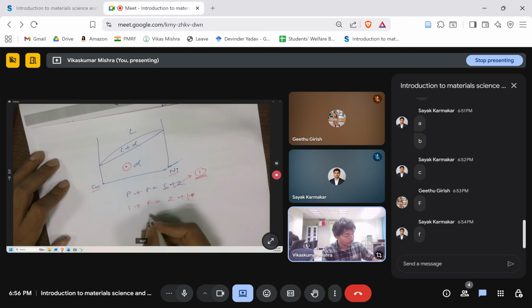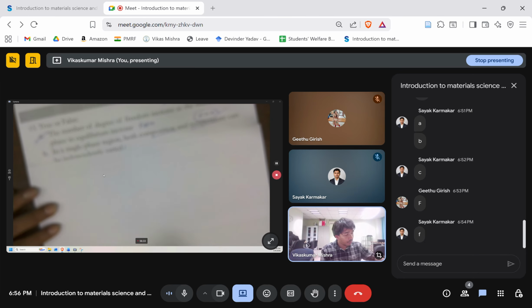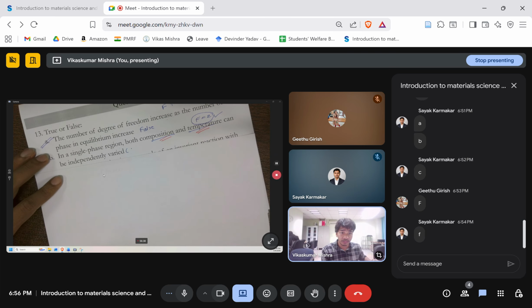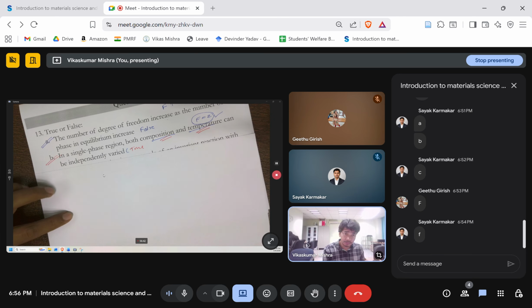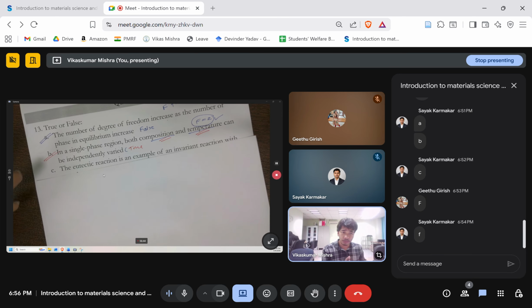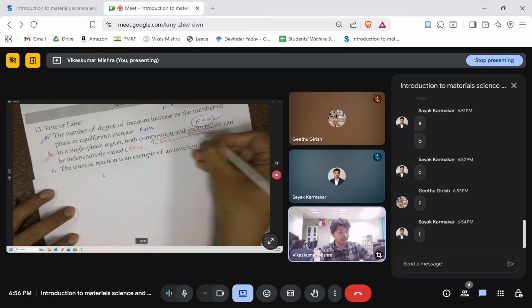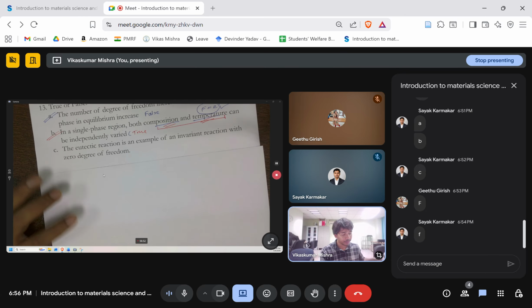So F is equal to 2. It means that we can vary both of them, composition and temperature. And the answer is true over here, right? The question was a little bit tricky, but we are able to solve it. We just have to decode that the question is related to the Gibbs phase rule. Let's move to the next part.